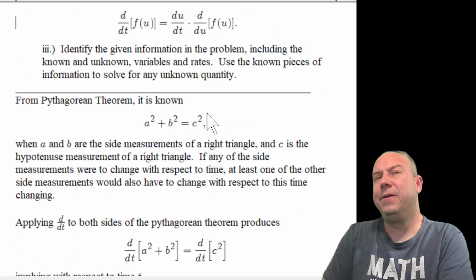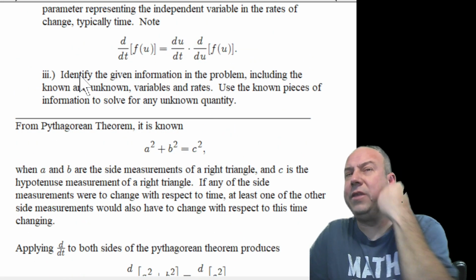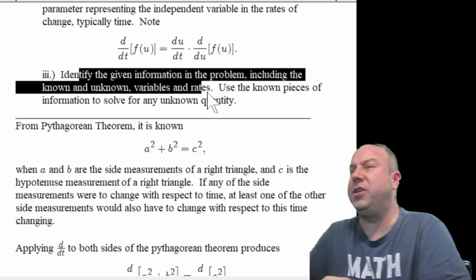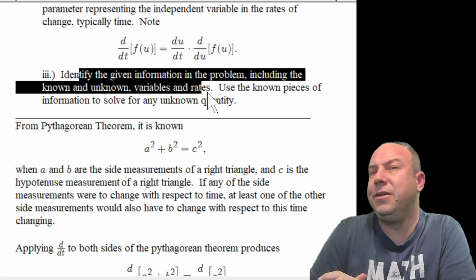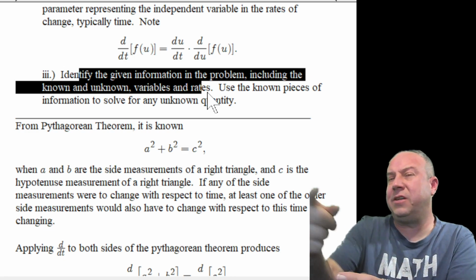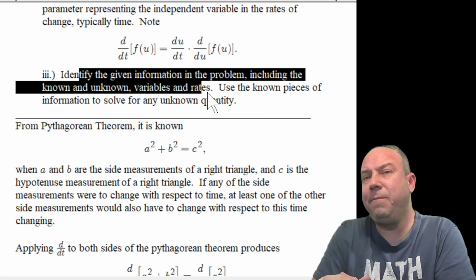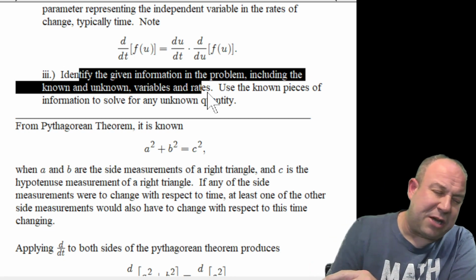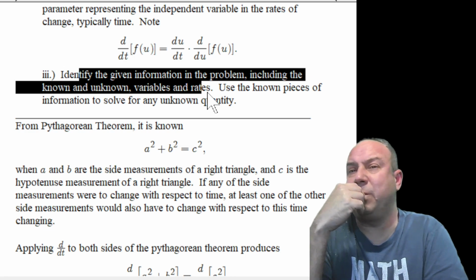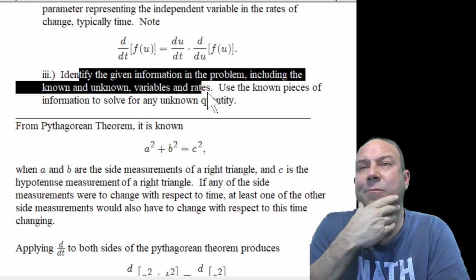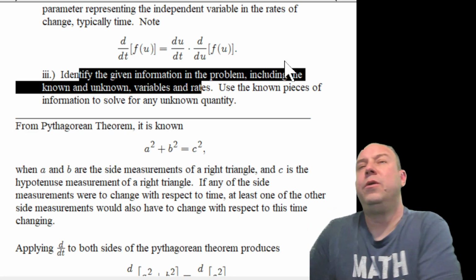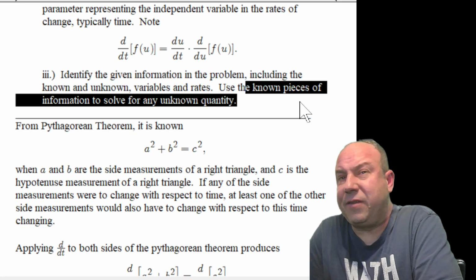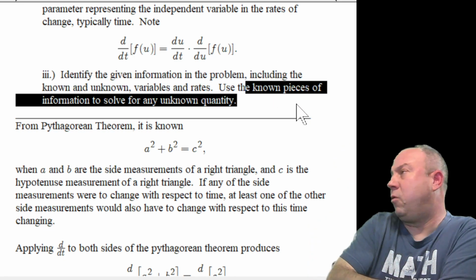We then, with the given information in the problem, including these knowns and unknowns that we developed, using the known side measurements to find the unknown side measurements, like side C from A and B, we use the known pieces of information to solve for any unknown quantities.